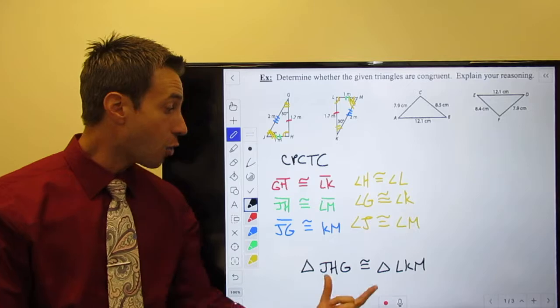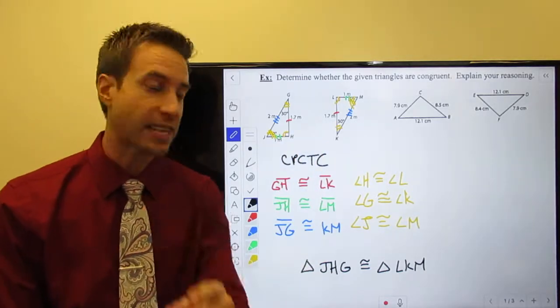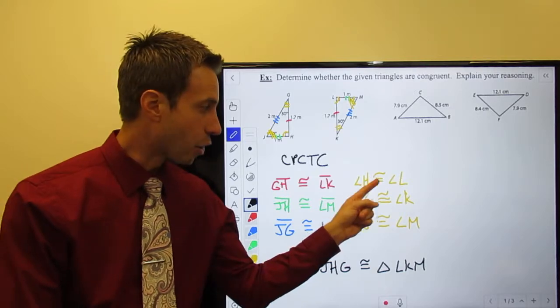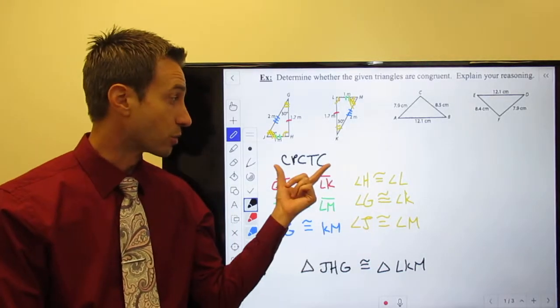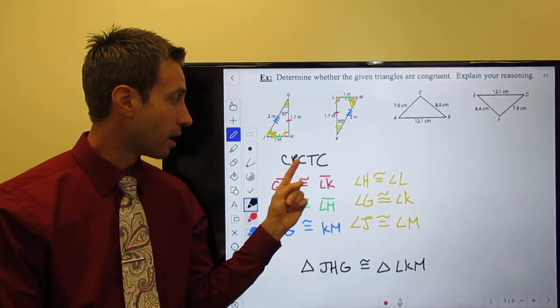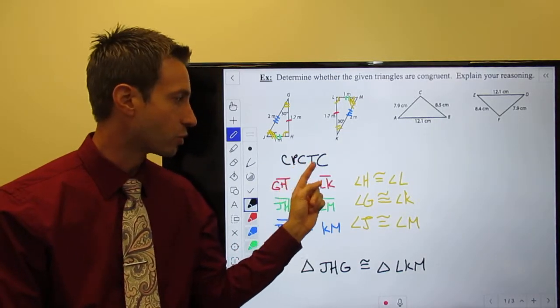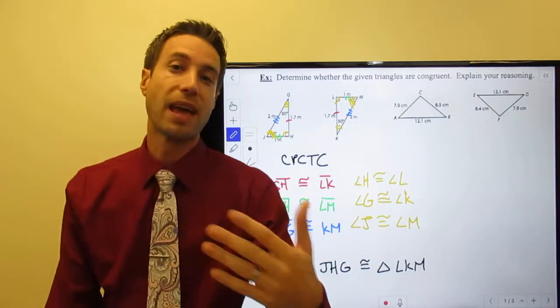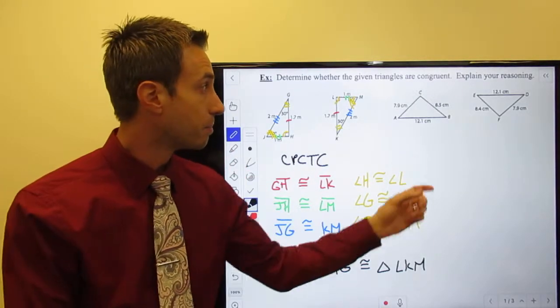I know that these two triangles have to be congruent because I just showed all three pairs of sides are congruent and all three angles are congruent. And so CPCTC, corresponding pairs of congruent triangles are congruent. This theorem tells me those two triangles must be congruent. That's how this works. Let's try another one.